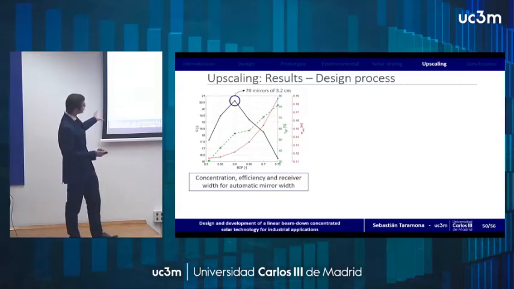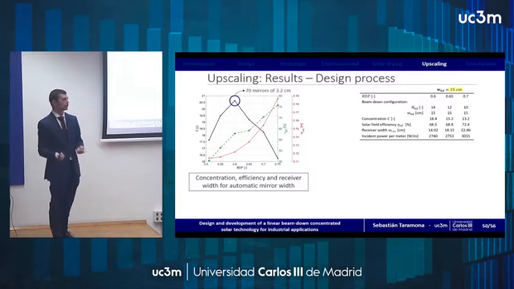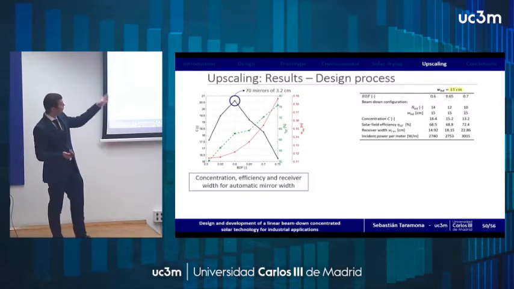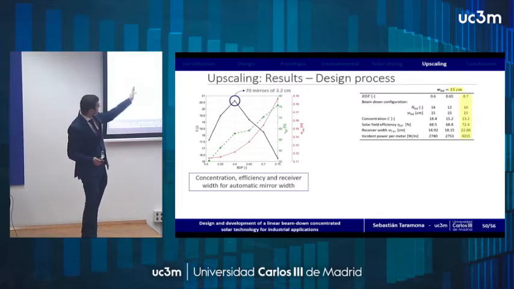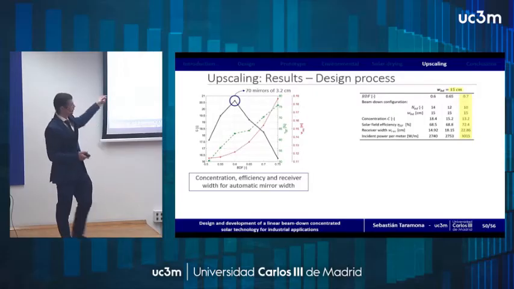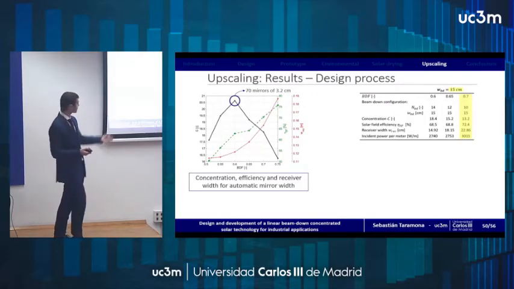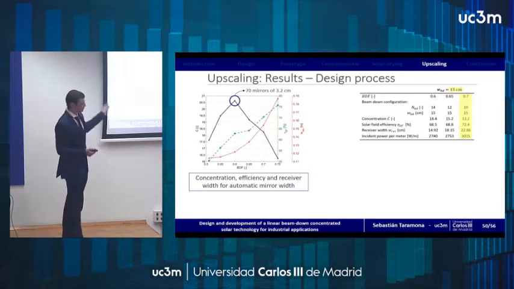So in order to solve this, we changed the beam down width for the mirrors, and we are going to use 15 centimeters wide mirrors. As you can see, there's some decrease in the performance of the solar field regarding the 70 mirrors, but the trend is also similar.